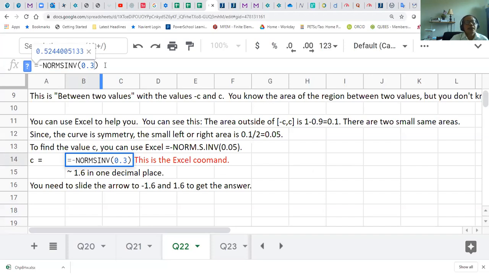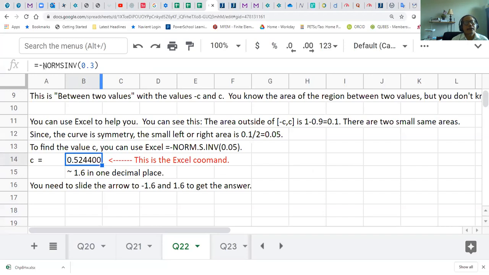C should be negative, because the area is on the left side.